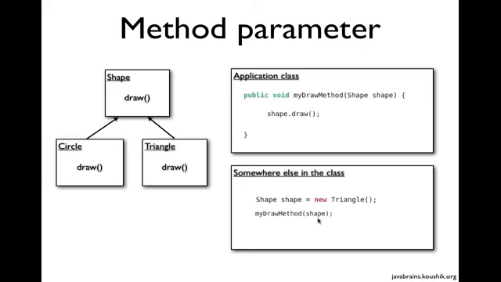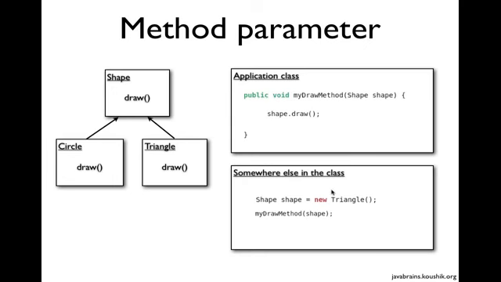So we are still tied to this new triangle, right? We are still not free from it. Somewhere else in the class we need to have this new instantiation, and we still know what's going to happen. So no matter how many times you run this class, it's still going to draw a triangle because we have this new triangle in place.